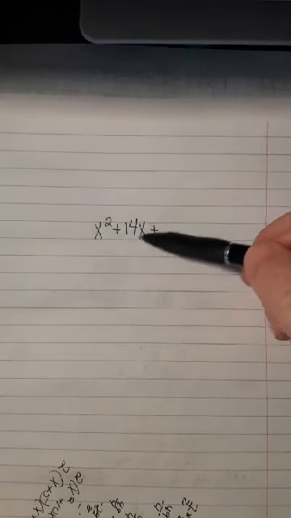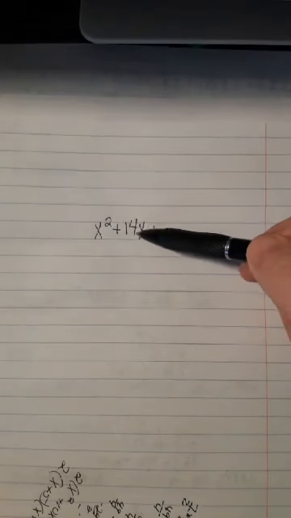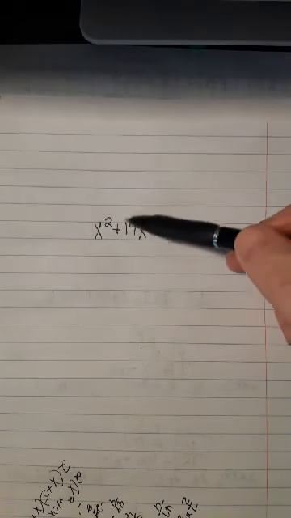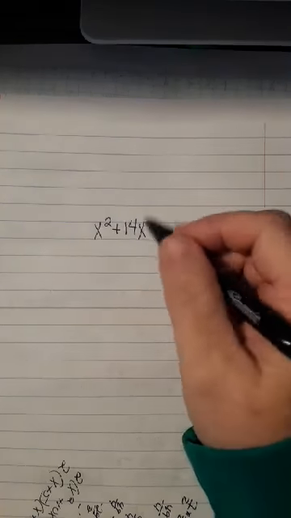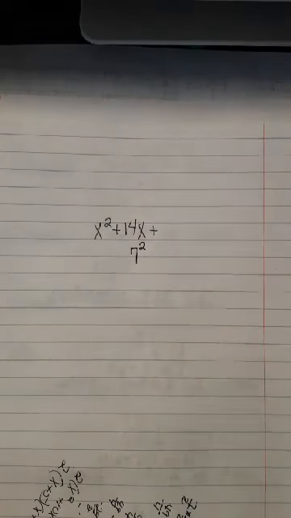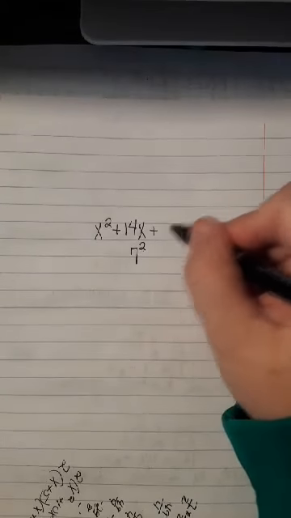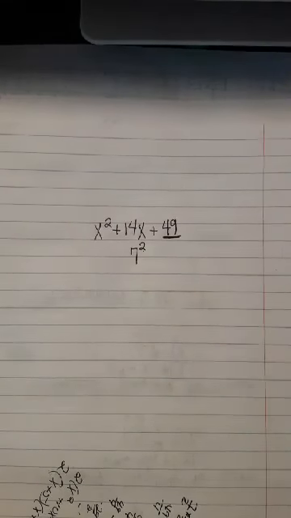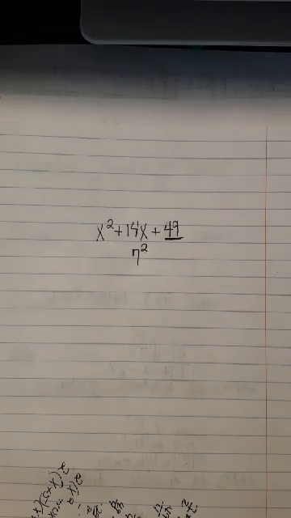You take the 14, the number that's in front of the x to the first power, and you half it. What's half of 14? 7. And then you square 7. You always square that number, and so that's going to be 49. That would be your answer to complete the square. You understand that?